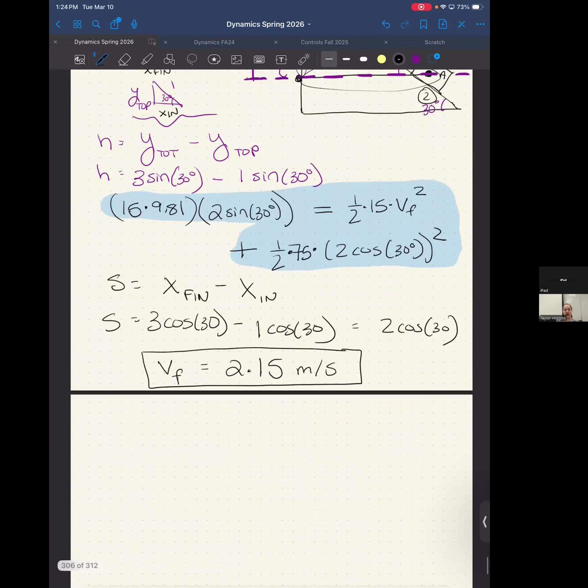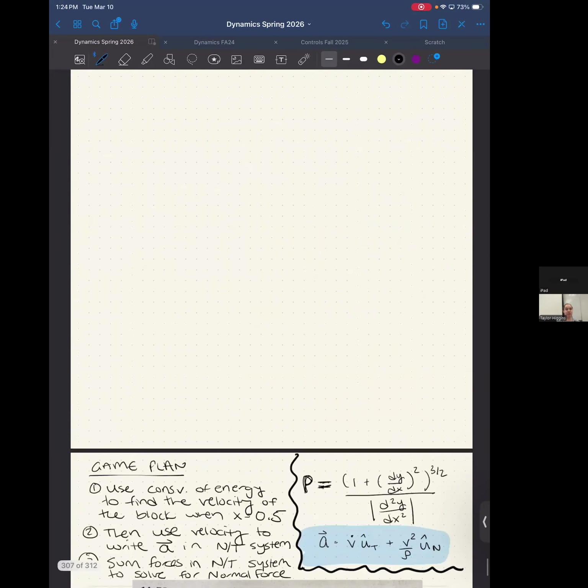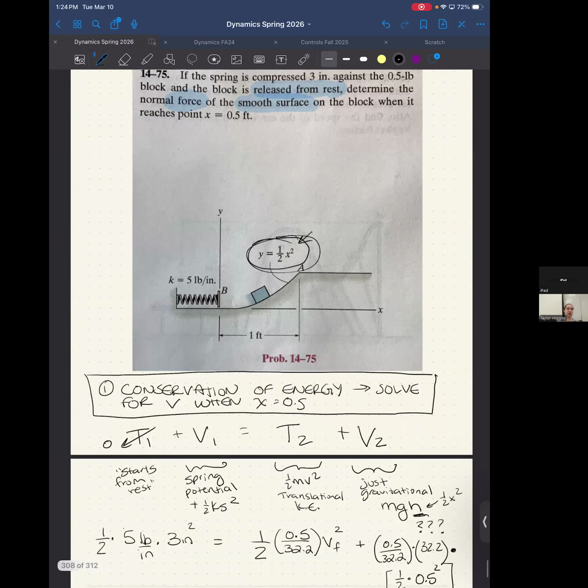So at point 1, I only want to know how stretched or compressed is the spring at point 1. If I am still stretched or compressed at point 2, I will have a continued spring stretch or compression at point 2.